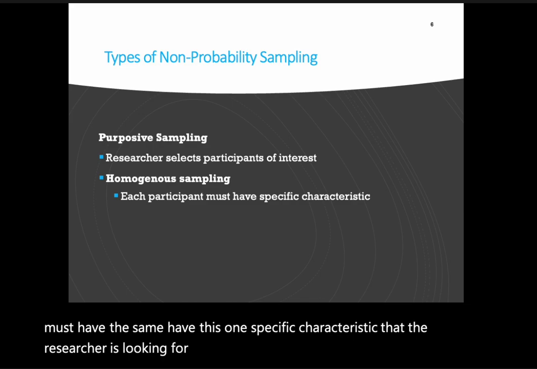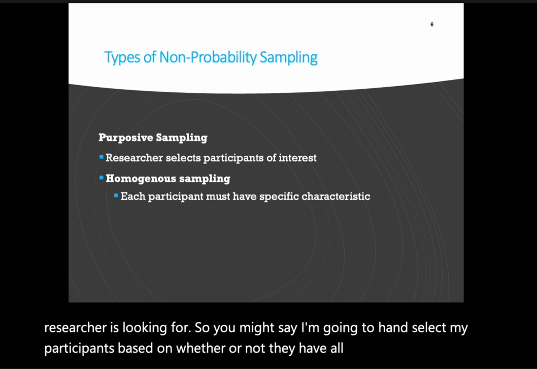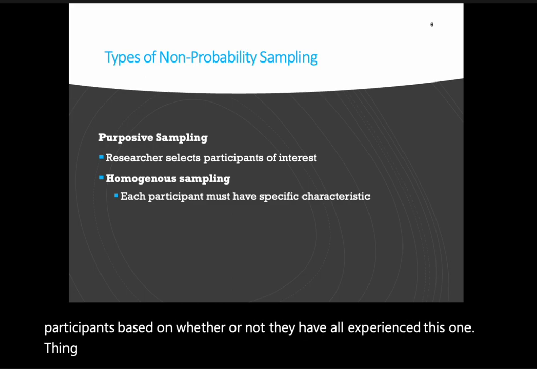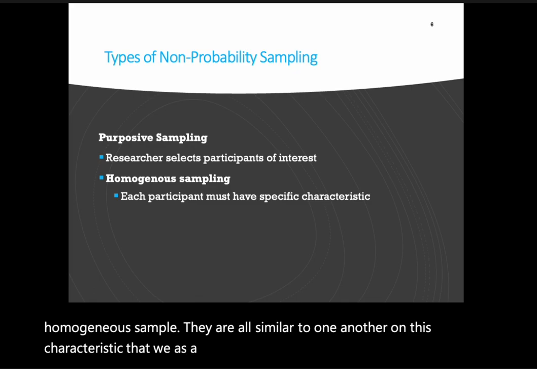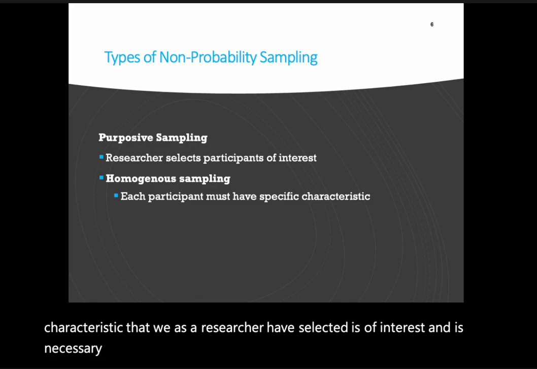You might say, I'm going to hand select my participants based on whether or not they have all experienced this one thing, or they all identify in this one way. And that is how we create a homogeneous sample. They are all similar to one another on this characteristic that we as a researcher have selected is of interest and is necessary for our study.